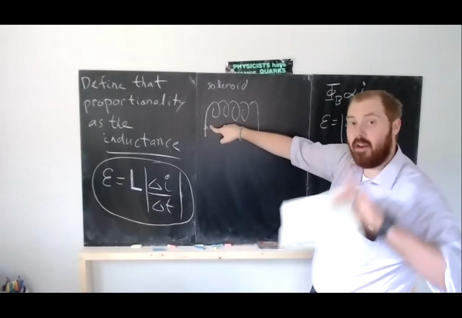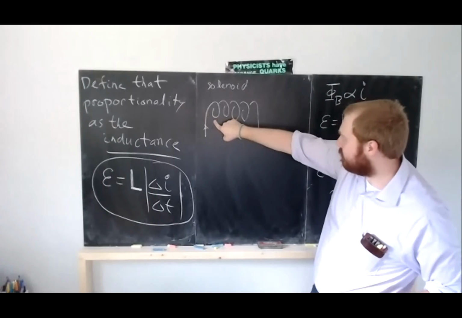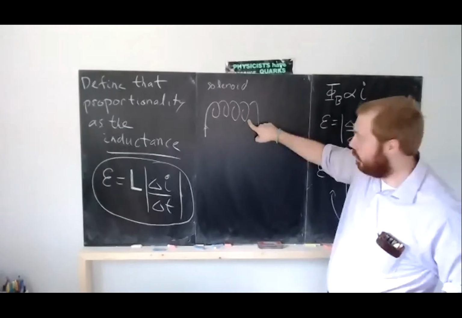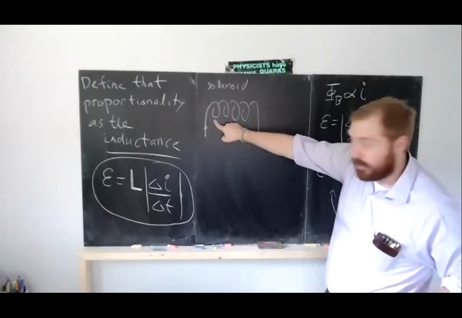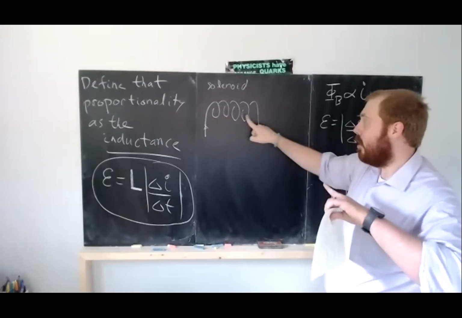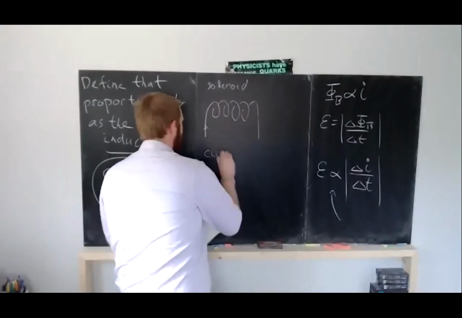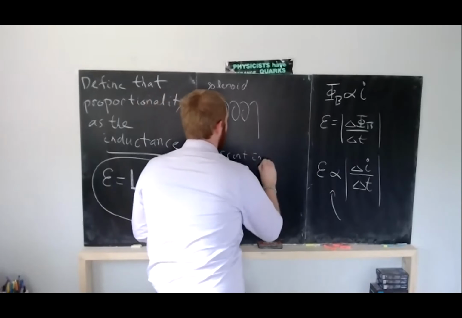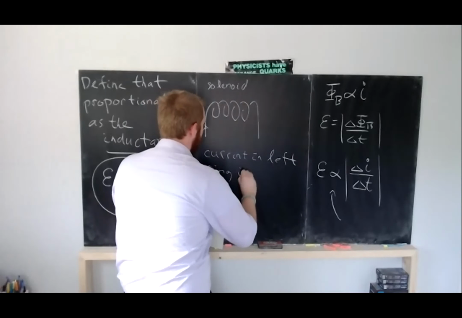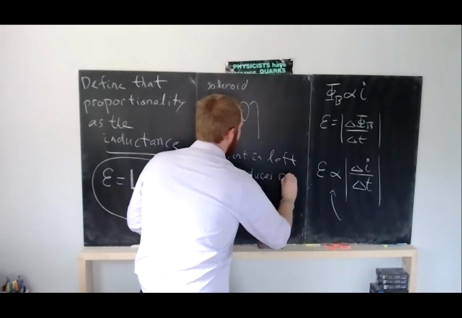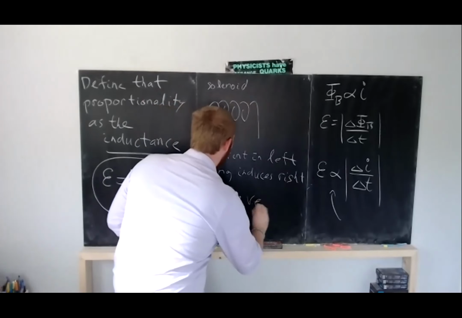There's a minute time gap before current starts to flow here. So there's current in this one, not there, which means that this loop will start to induce on this guy, right? Current in the left ring induces on the right, and vice versa.